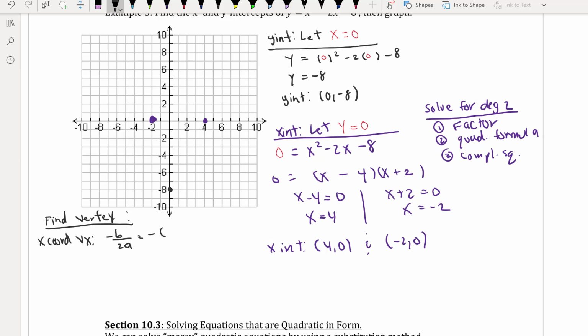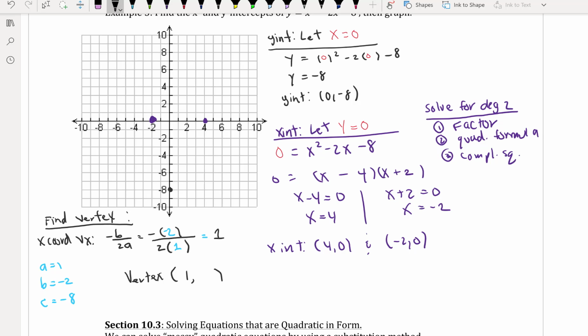In this case, I have my a value as 1, my b value as negative 2, and my c value as negative 8. So I have a negative 2 being divided by 2, which is eventually going to give me a positive 1. So for the vertex, the x coordinate is 1.